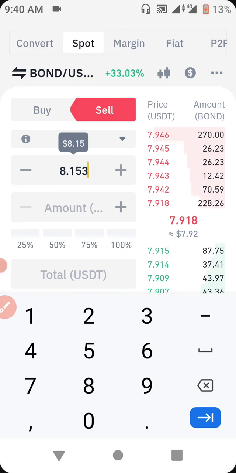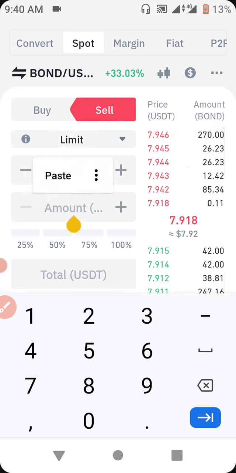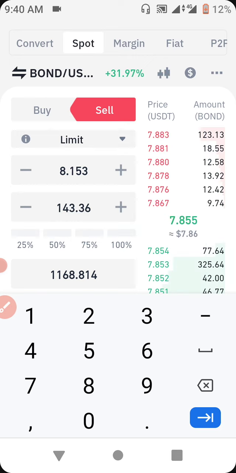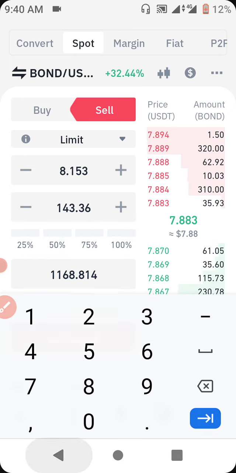8.153, and input our amount. That will give us a profit of 168.814 USDT.